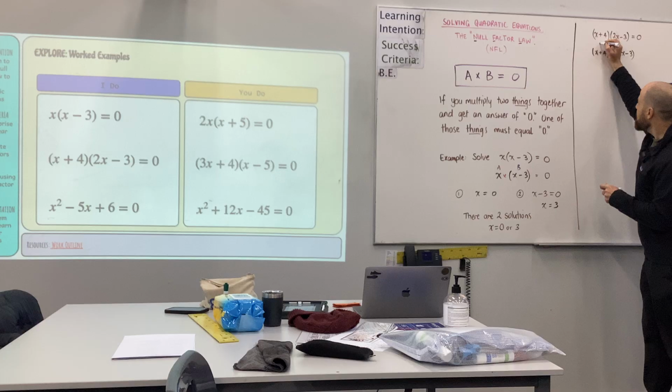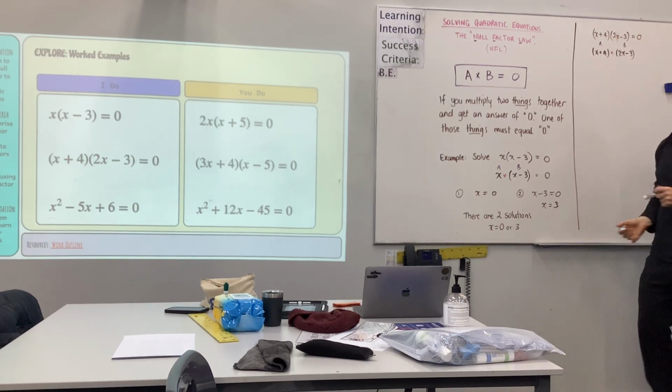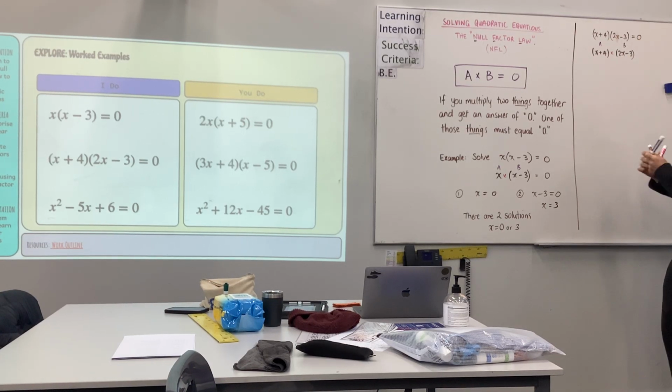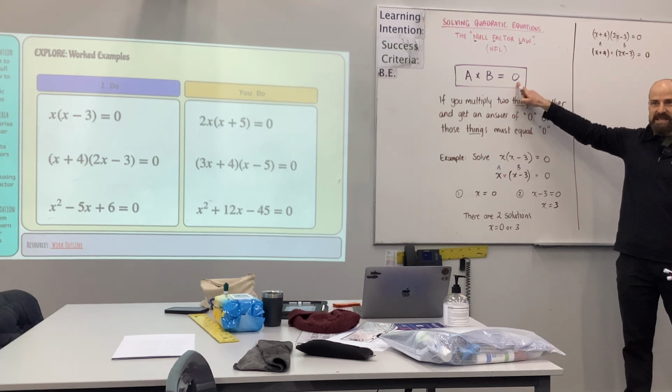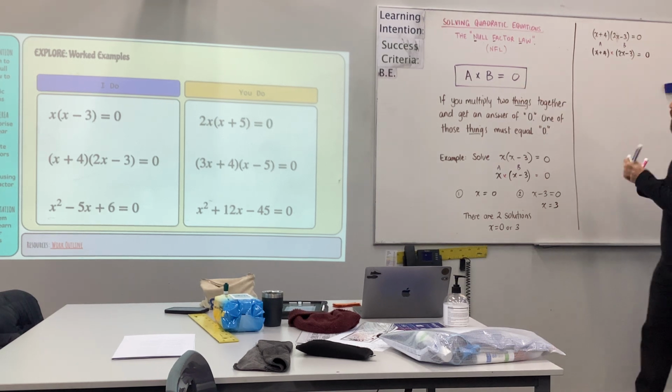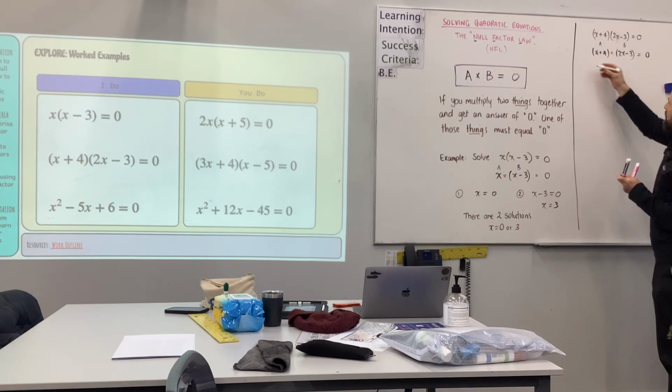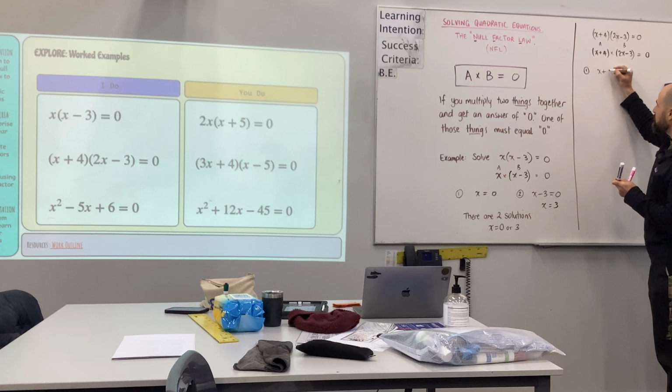So this is my A, this is my B. They're being multiplied together, and it gives me an answer of 0. So the only way that is possible is the first possibility is that x plus 4 is the part that equals 0.